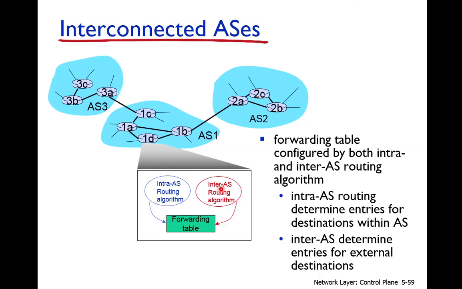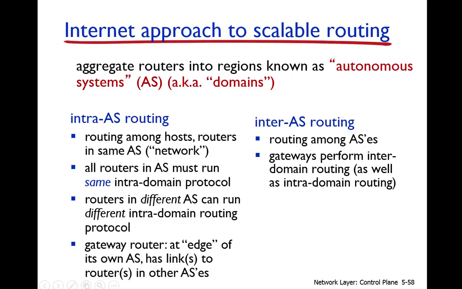And one is called inter-autonomous system routing, that is used to compute the route from a source machine in one autonomous system to another autonomous system. This is called inter-autonomous system routing. Okay. So when we divide the internet into autonomous systems, we have two types of routing.